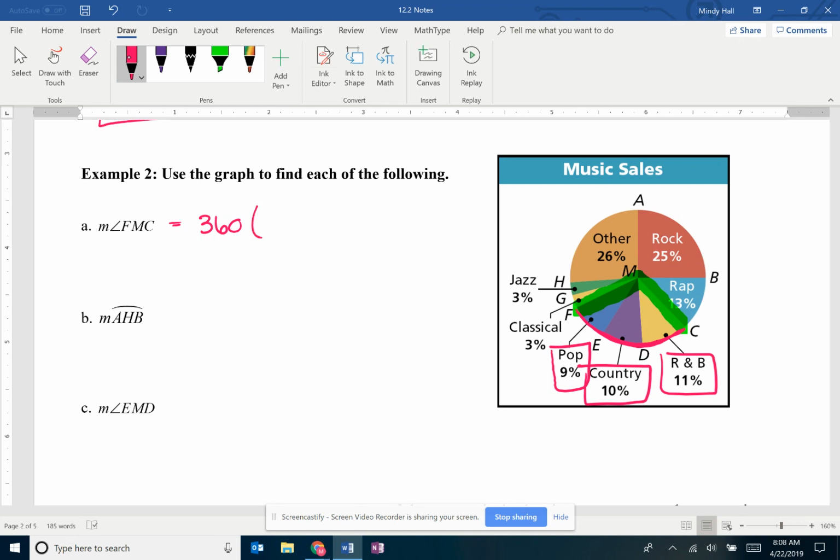For me, I'm just going to put 9% is 0.09 plus 10% would be 0.1 plus 11% would be 0.11. And so then when you multiply that out, if you were to actually add them, this would give you 360 times 0.3 or 30%, and 360 times 30% is 108 degrees.